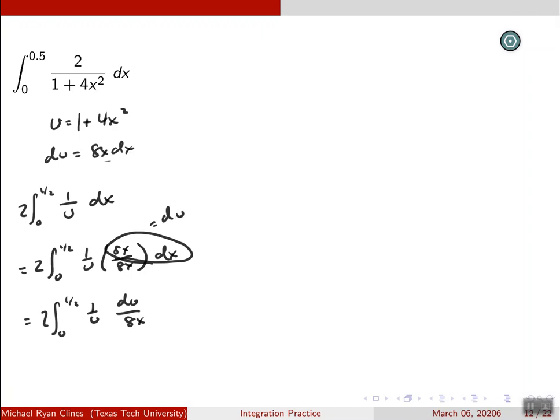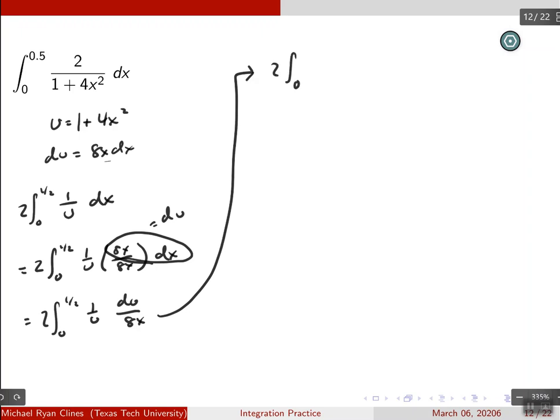So we boil this integral down to 2 times the integral from 0 to 1/2 of 1 over u times du over 8x. Anyone see a problem with that? Oh wait, that's right. I'm in my bedroom by myself. There's no one here to answer that question. All right, so I guess I'll have to answer it.